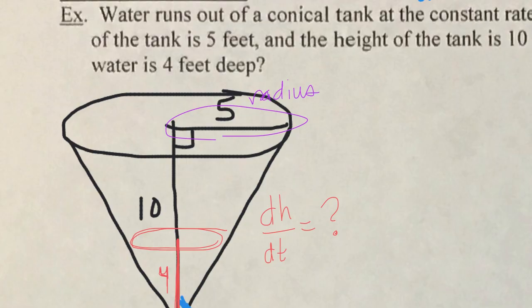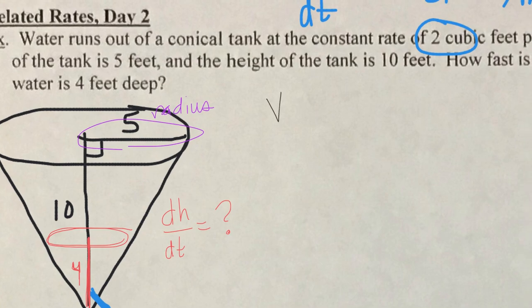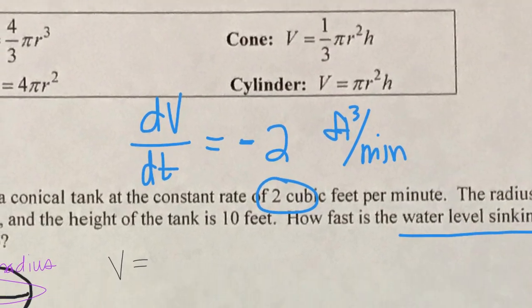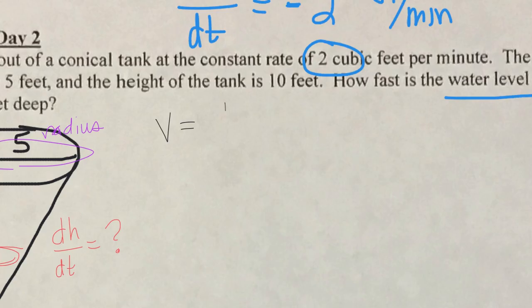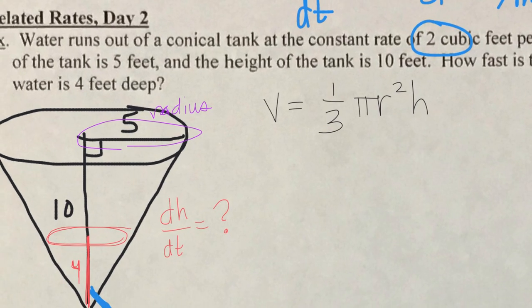So let's go back and start with our volume, right? That's something that we knew though. Volume of a cone is that formula up here? Volume, 1/3 pi r squared h. So we'll start with the volume 1/3 pi r squared h. Now here's the problem. There are 2 variables, right?